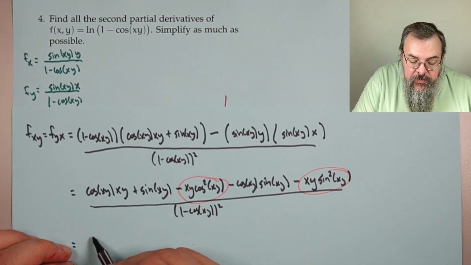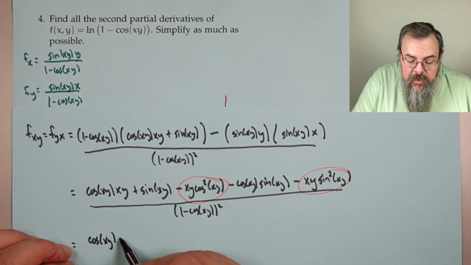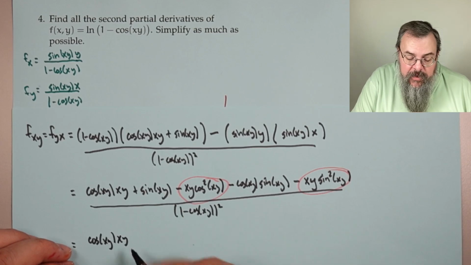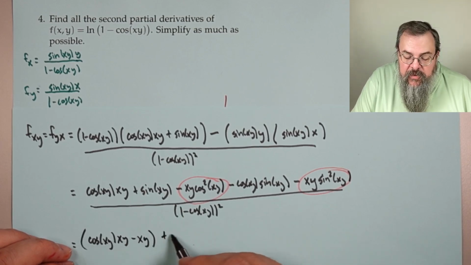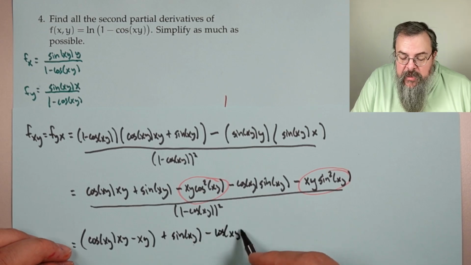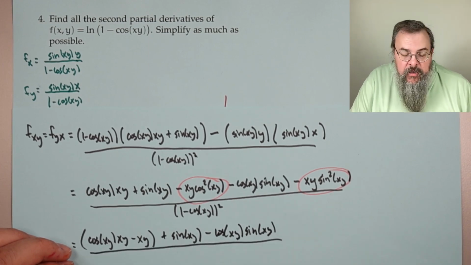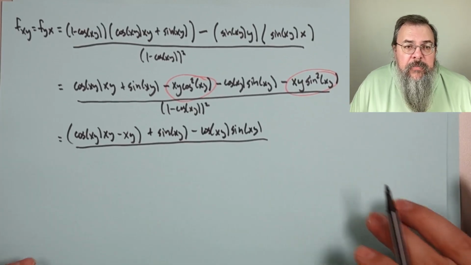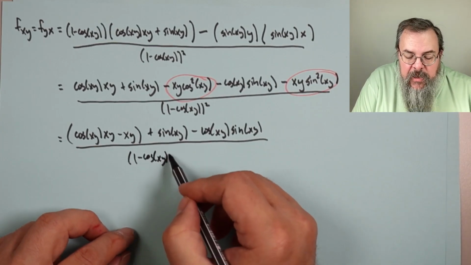Well, they would combine and give us cosine xy, and here it's minus xy. All right, so we have this piece here, and then we have plus sine of xy minus cosine of xy sine of xy, all over, and well, we're running out of space. I'm going to move up here. All over 1 minus cosine xy squared.